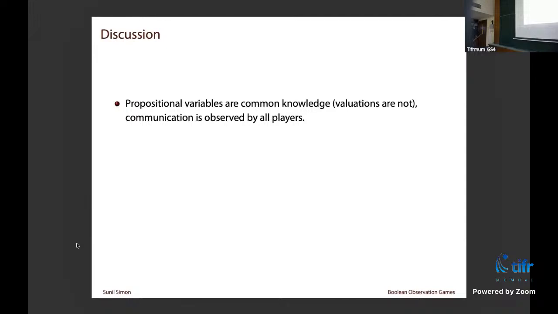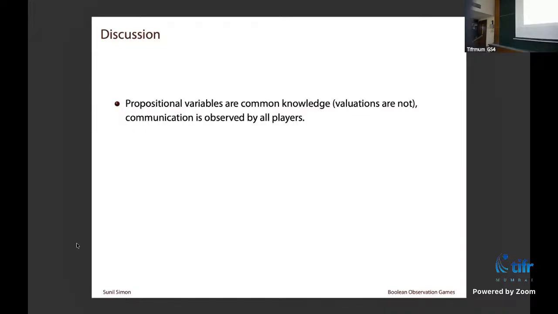There are various things which can be modified. For instance, as Kavita was mentioning, the fact that these propositional variables are common knowledge. The valuations are not common knowledge, but the variables themselves are common knowledge. And the communication is also common knowledge. What you don't know is the valuation. So that part, that's our model. Now you can change that, right? When you change that, you get a more involved model.